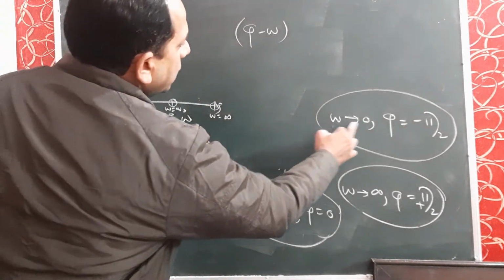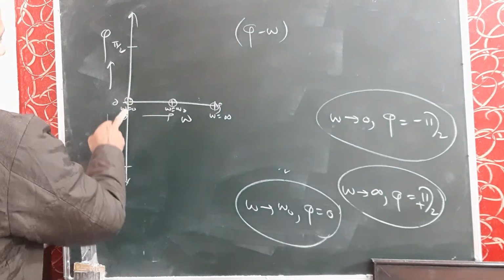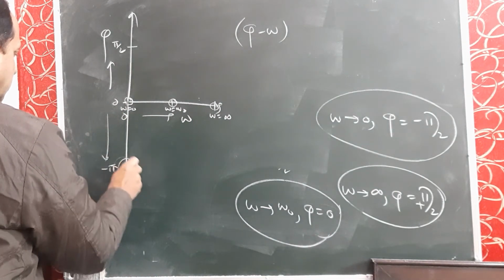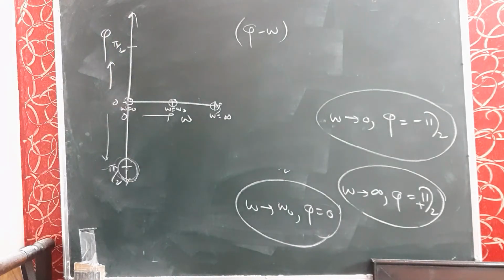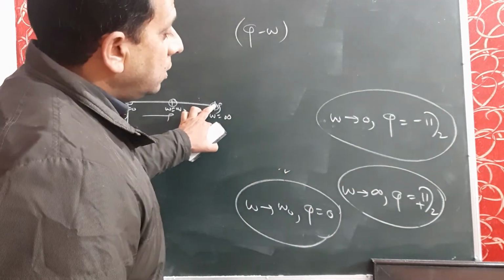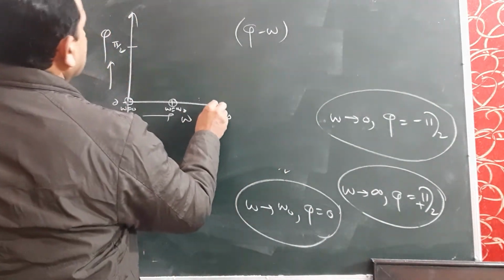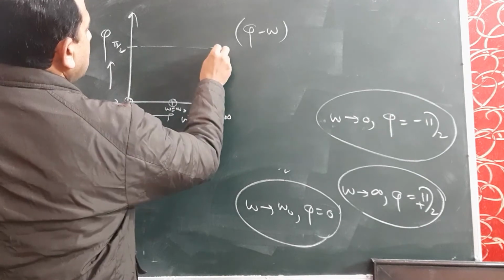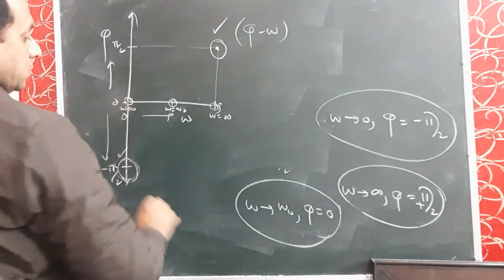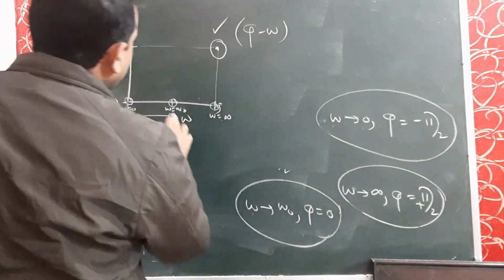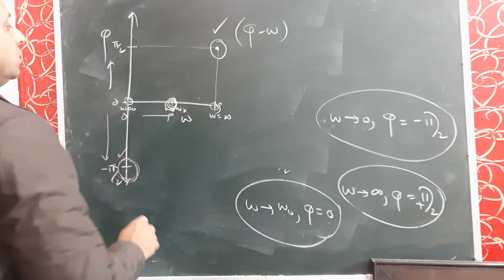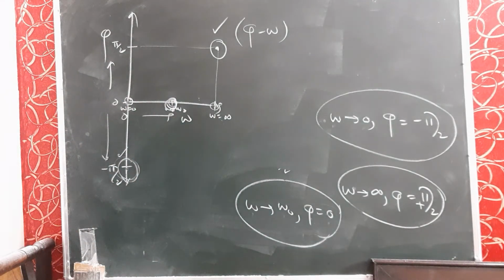Now, when omega is 0, phi is minus 90; this point is the first point. For the second point, omega tends to infinity and phi becomes 90. For the third point, omega tends to omega naught and phi is 0, so this point itself is the point.